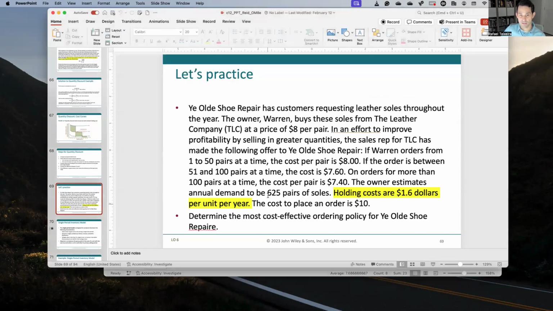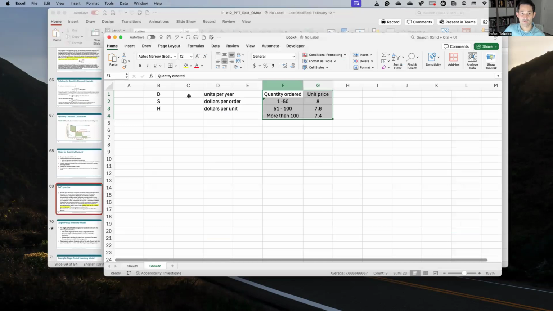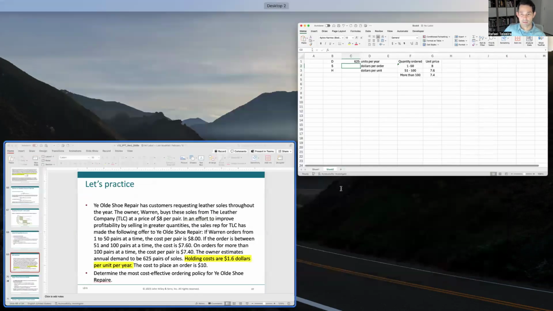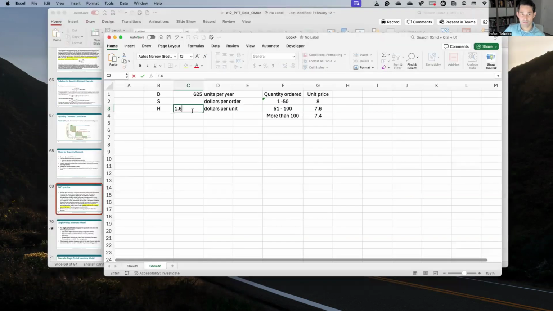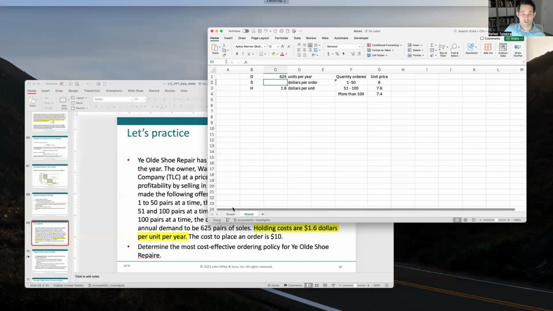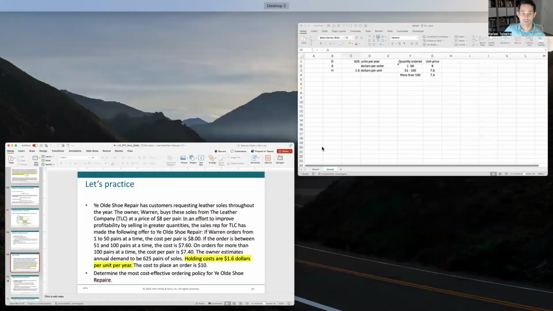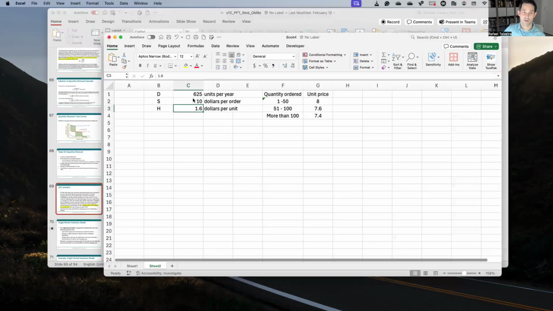The owner estimates annual demand to be 625. The holding cost is $1.6, and the order cost is $10. So how many should the company order each year?